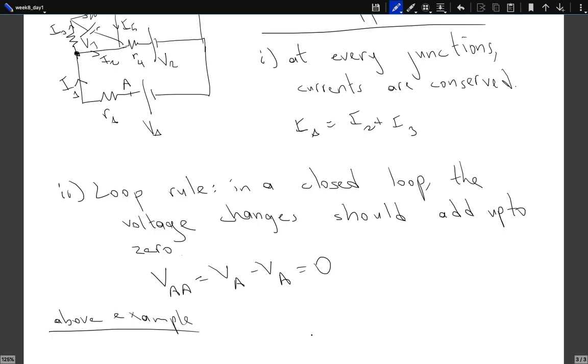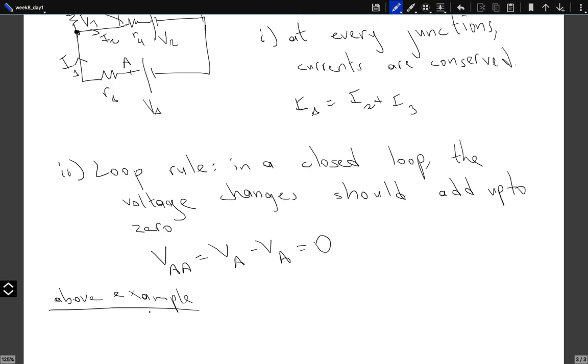What is the potential change as I go from A to this point? This is my resistor R1. There is a current I1 running through my resistor. It's just I1 times R1. That is the potential. The I times the resistance is the potential drop across a resistor, potential change across a resistor. So I1 times R1.